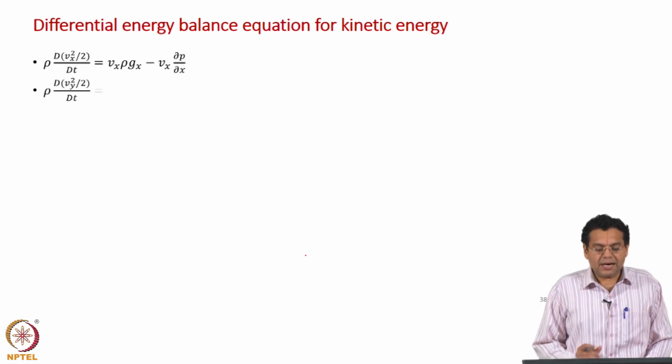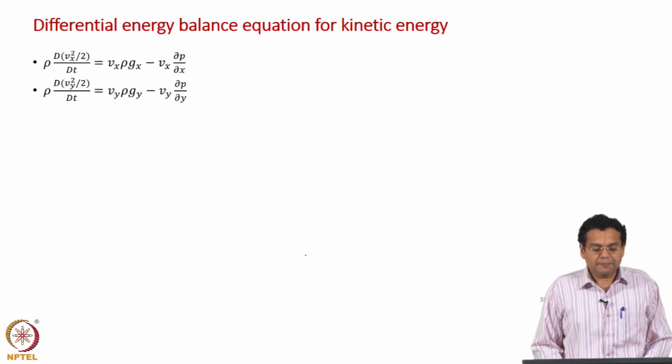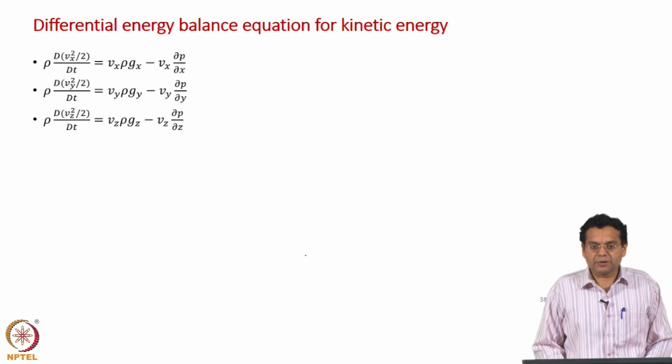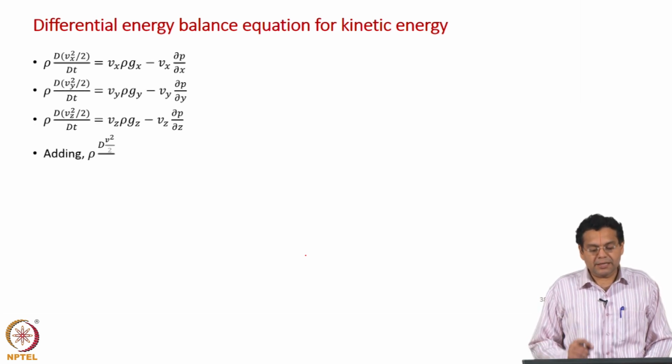Now, you can slowly start recognizing that Vx squared by 2 is one part of the kinetic energy. So, if you sum all these equations, what we have is Vx squared plus Vy squared plus Vz squared, which is nothing but V squared. We have a half there, which means we have got the kinetic energy on the left hand side. That is why we multiplied each equation by the respective velocity component.